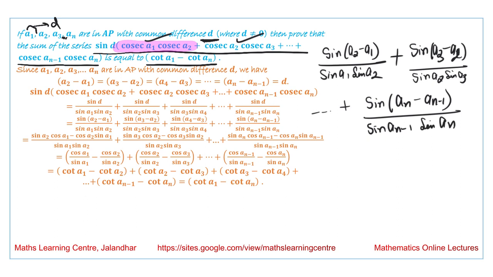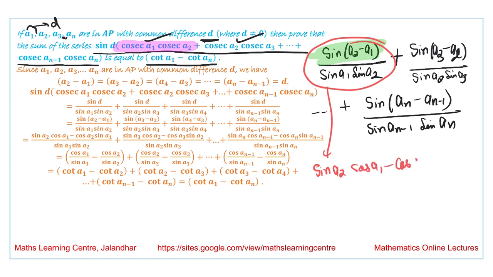Now if we use the formula for sine of (a minus b) in the numerator, I am talking about just this first term, it becomes sine a2 cos a1 minus cos a2 sine a1, divided by sine a1 into sine a2.